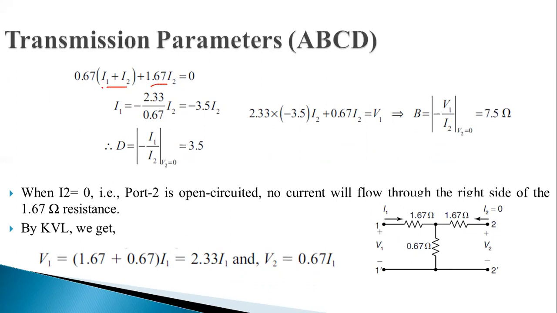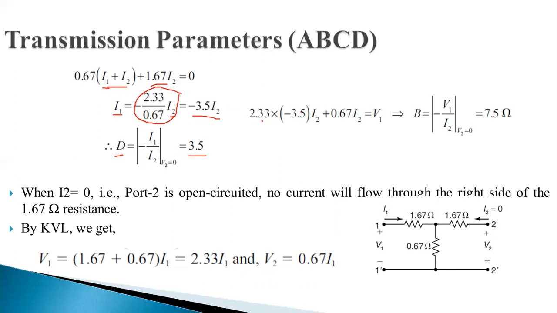By solving this with respect to I1, I will get I1 equal to minus 3.5 I2. But we know that the combination of I1 and I2 will give the parameter D, and parameter D is the mod of this, so it is 3.5.